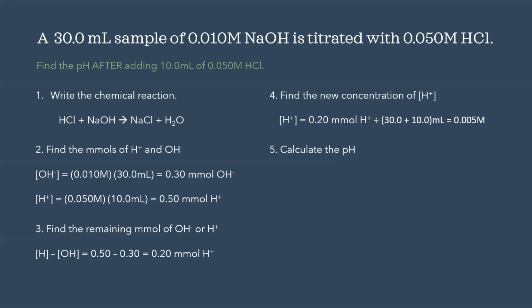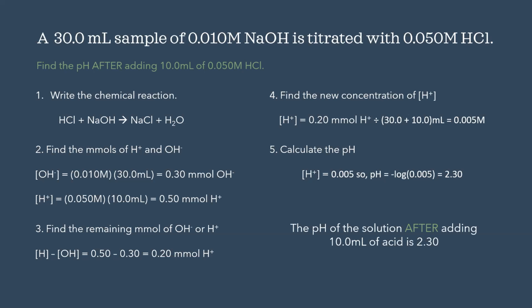So since this concentration is already the concentration of hydronium, we can calculate the pH by simply plugging it into the pH equation. So our pH is equal to the negative log of 0.005, which gives us 2.3. So the pH of the solution after having added 10 milliliters of acid is 2.3.